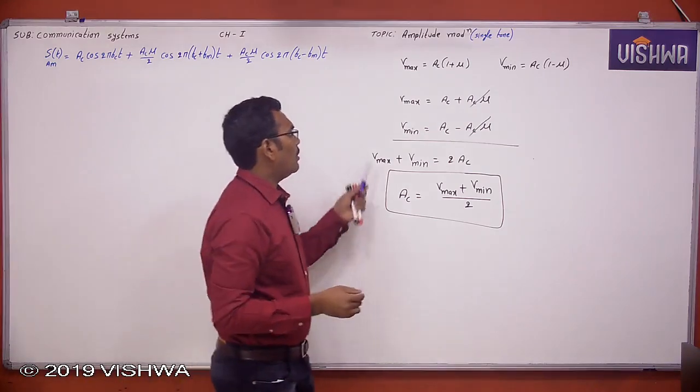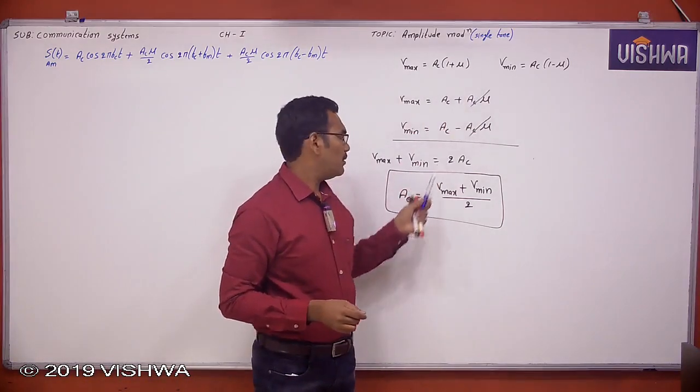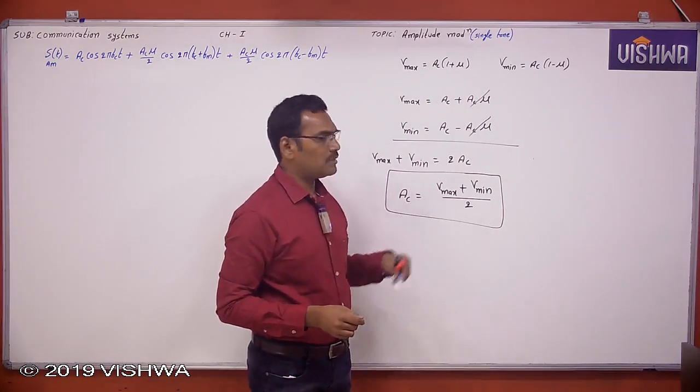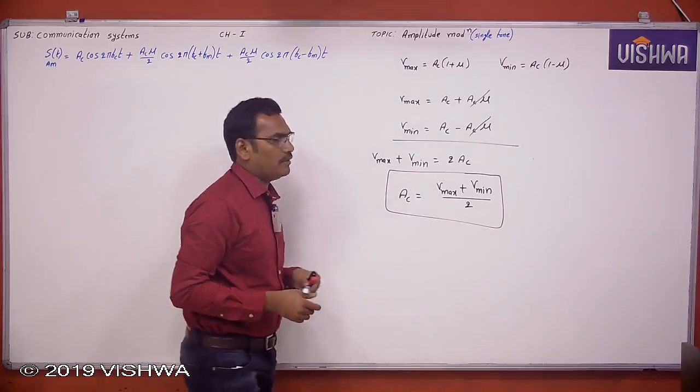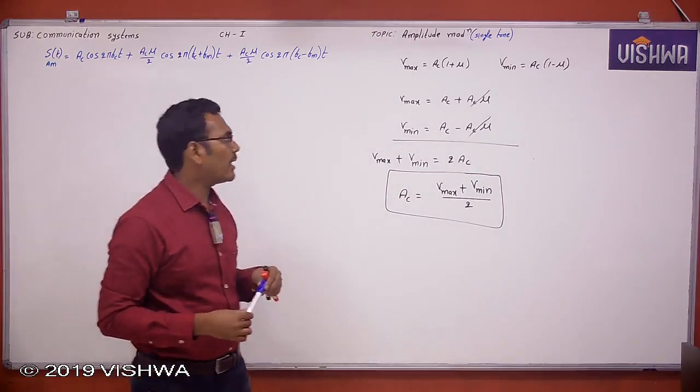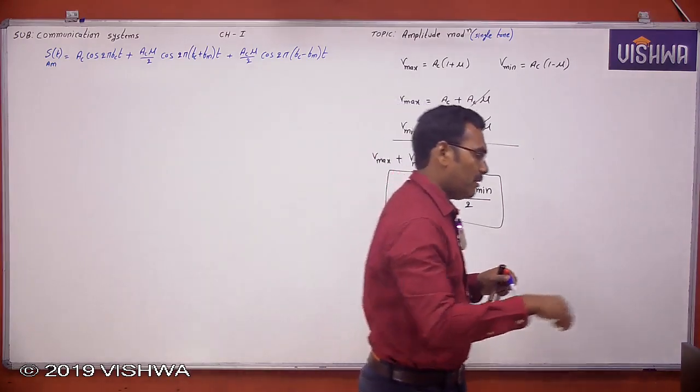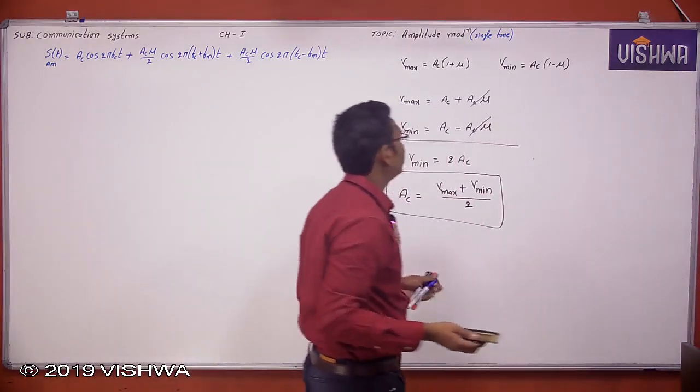So if V maximum and V minimum are given and you are asked to find AC, this is the way you can calculate the AC value. And the modulation index is already calculated: (V maximum minus V minimum) by (V maximum plus V minimum).